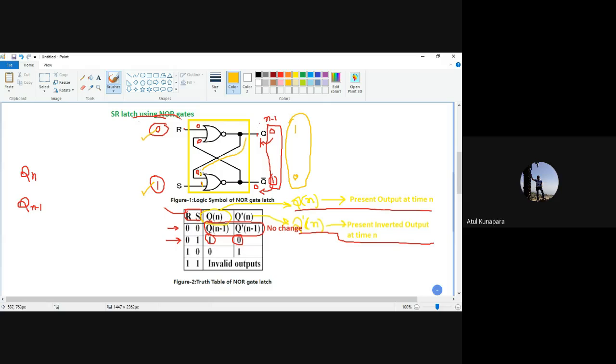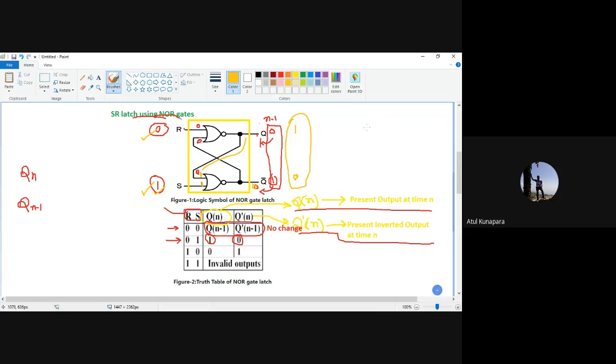Output 1 will come here because it was already 1. So 1, 1 will give you output 0, and that 0 will come here. So 0, 0 will give you output 1 again. That means there will not be any change if you already have the set condition. But if it is not in the set condition, then your S input 1 will make your latch get set at the output side.